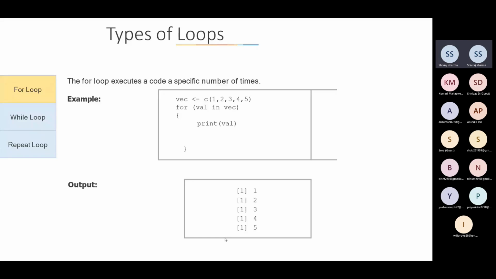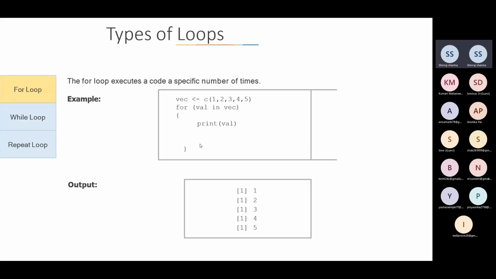Have you done it? Can we move on to the next one? Did you complete the for loop? The for loop lets you repeat a specific number of times. What we mentioned here is a vector value.